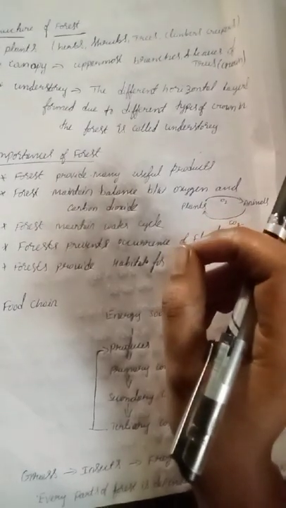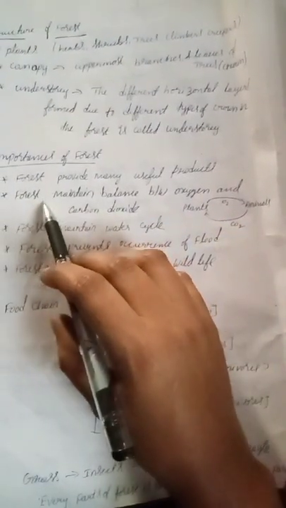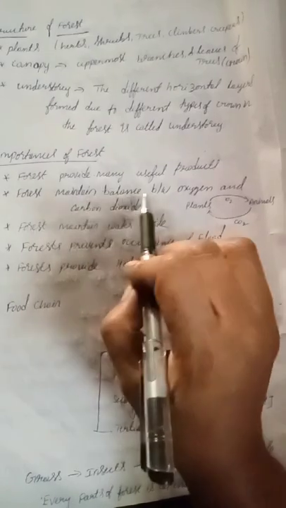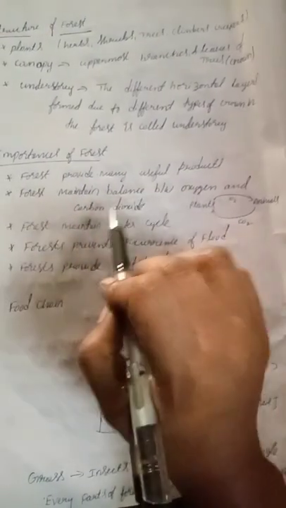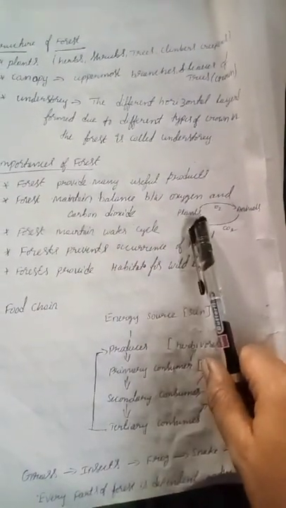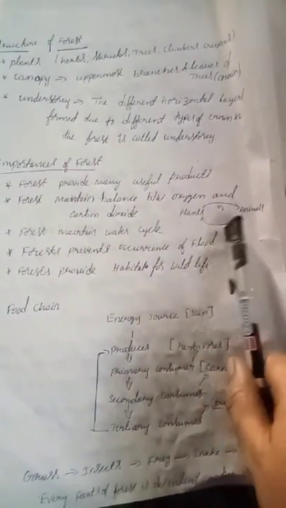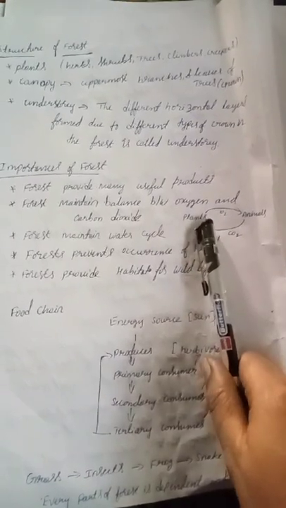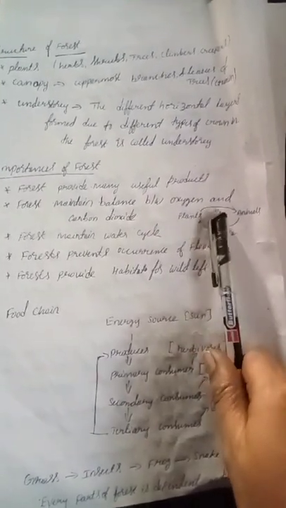Okay, so gum. Next, the second point: forests maintain the balance between oxygen and carbon dioxide. So what do plants take in? They take carbon dioxide, and they leave out oxygen, through which process? Through the photosynthesis process.